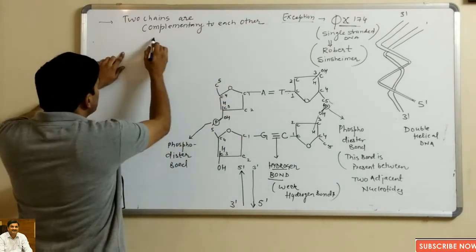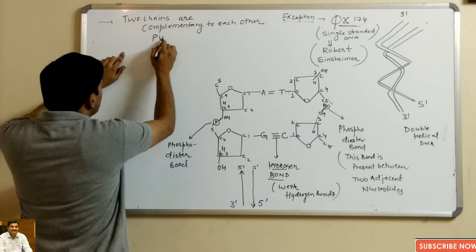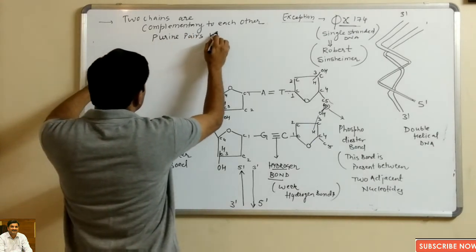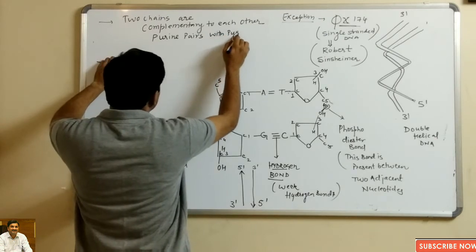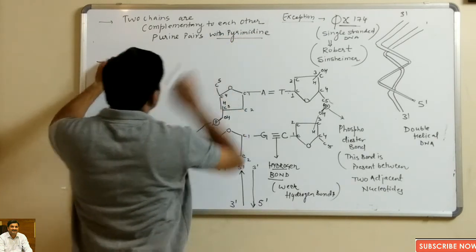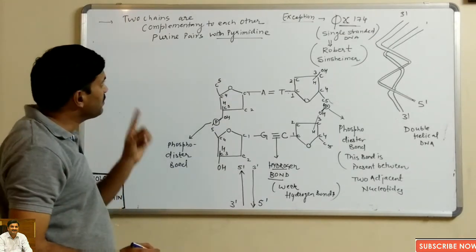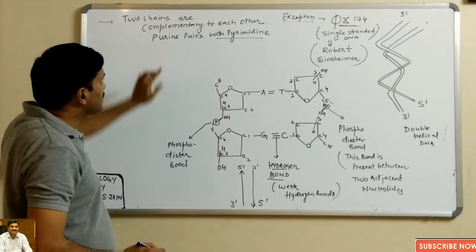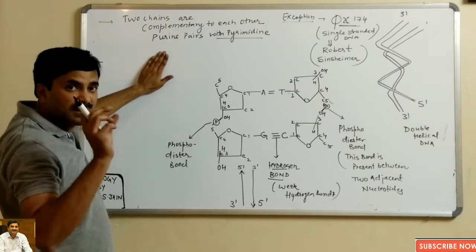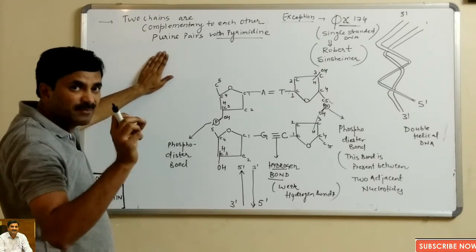Complementary to each other means a purine pairs with a pyrimidine. Always remember, a purine pairs with a pyrimidine, right? This is just to save the space, okay?